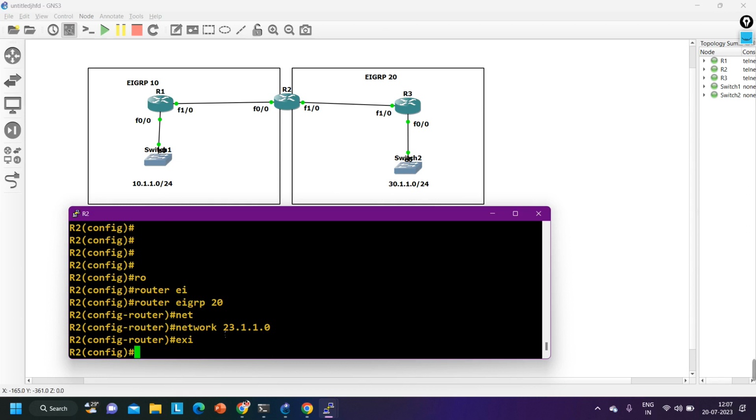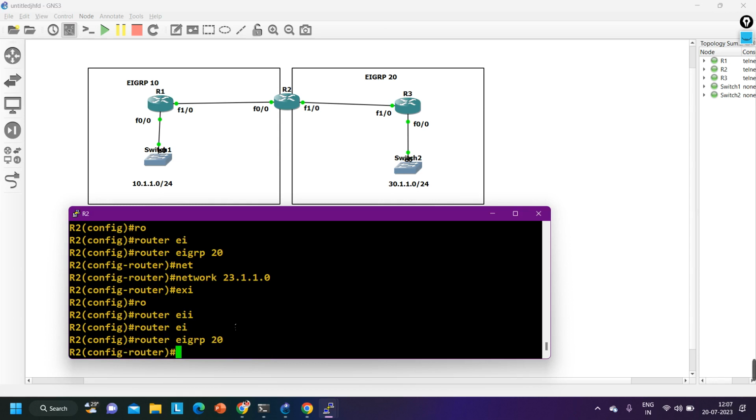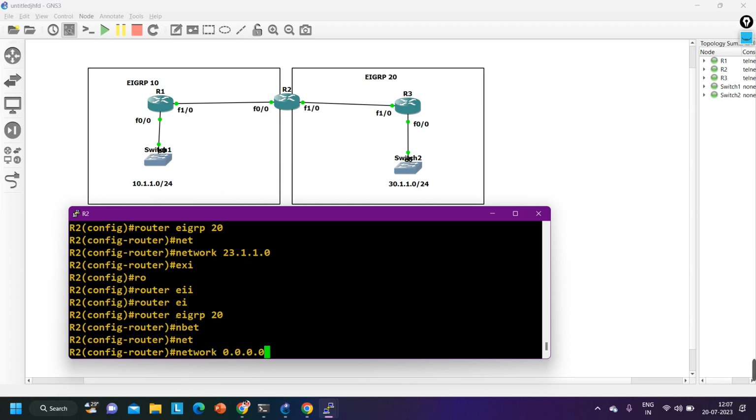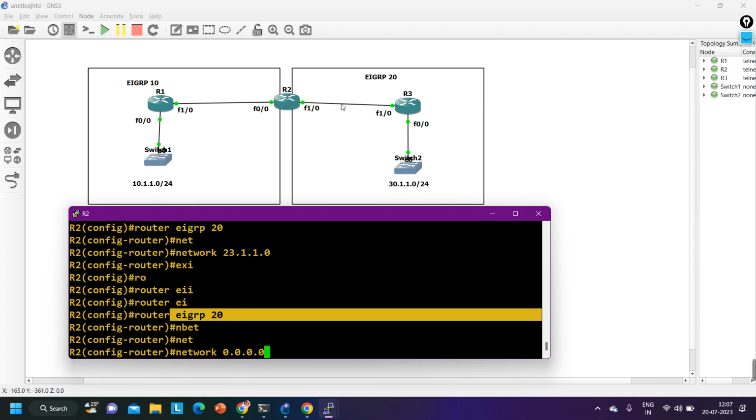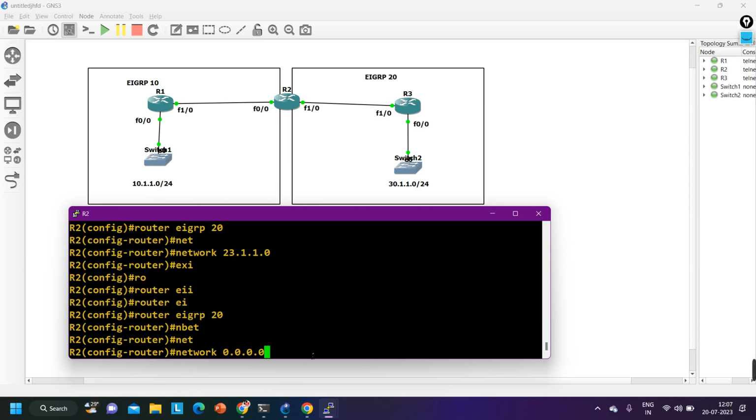If I configure router EIGRP AS number, let's say 20, and network 0.0.0.0, what will happen if I hit enter over here? EIGRP number 20 will be enabled on both interfaces, on all active interfaces. So both interfaces will enter AS number 20. Am I right?